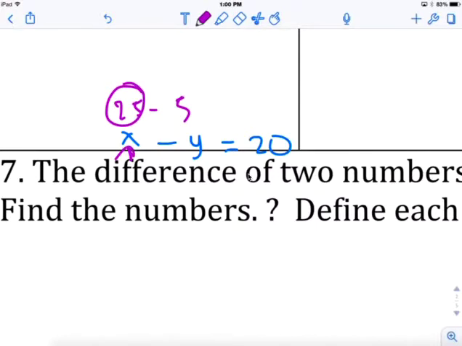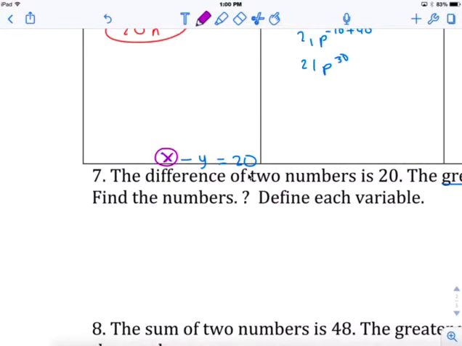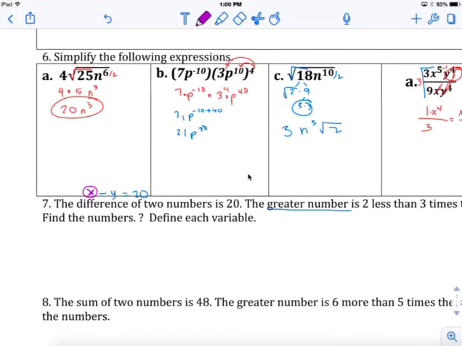X is the greater number. Many other numbers: 30 minus 10. 30 is still the bigger number. So x is always going to be the greater number. Even if you use negative numbers, x is always going to be the bigger number. So the first one is the greatest number, so therefore they use the greater number.